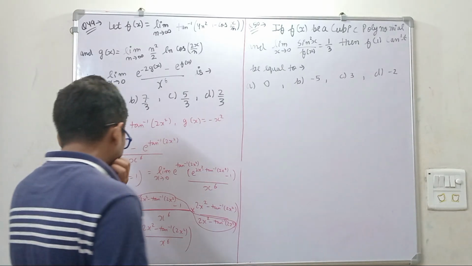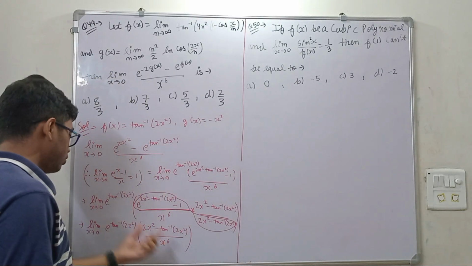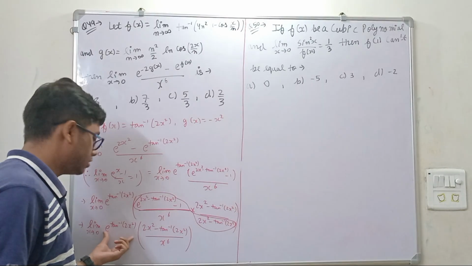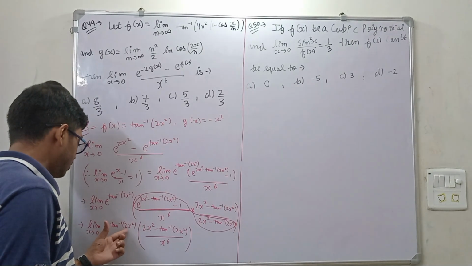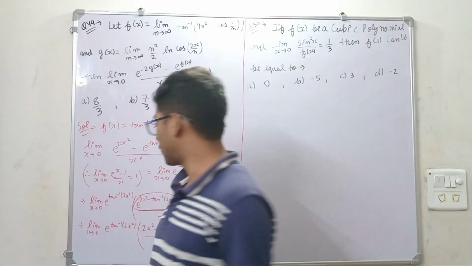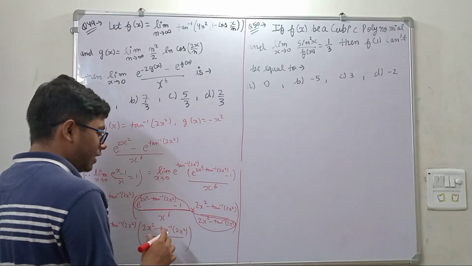Now what will you do here? Now you can apply the L'Hopital rule here, because e to the power tan inverse 2x square is 1 only, since x will be 0, so e to the power 0 will be 1. Now x to the power 6 and 2x square minus tan inverse 2x square.